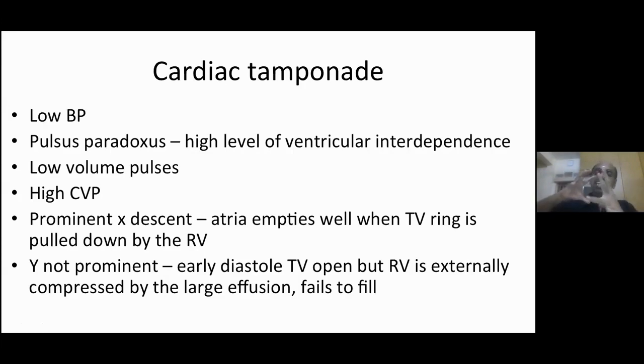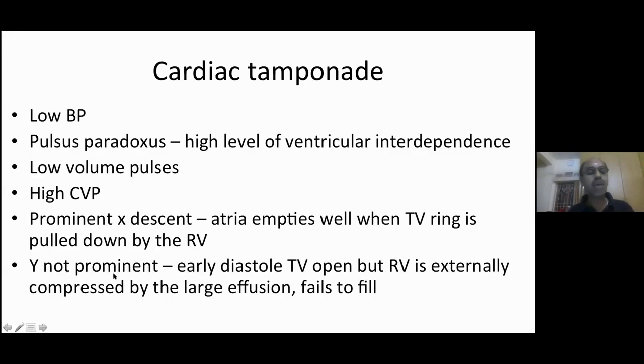The atrium is stretched to a large diameter by the right ventricular pull of the tricuspid annulus towards the ventricular apex. So the right atrium is stretched out. When the entire heart is surrounded by a high amount of fluid, the only time the atrium will drop its pressure is when the atrium is getting stretched.